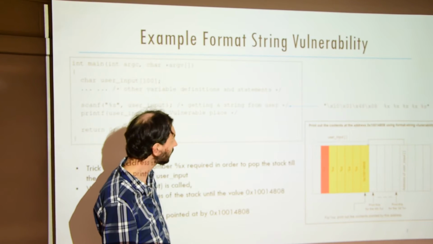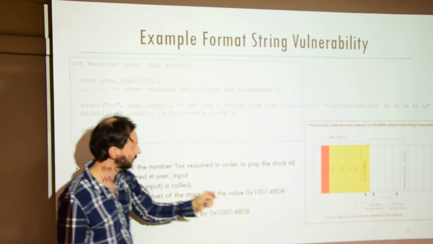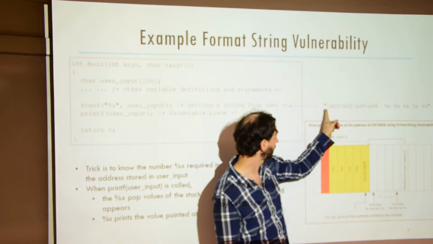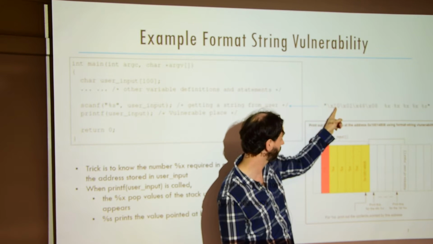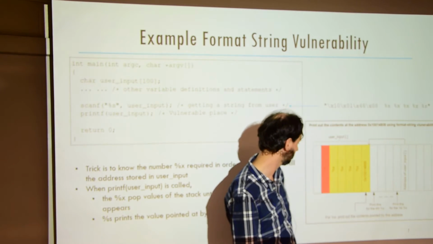Well, if I do that, first of all, I'm reading the user input, so I actually store it into memory. All right, so here it is. This simply means that I store a hexadecimal number 10 and then 014808. It's all down in here.